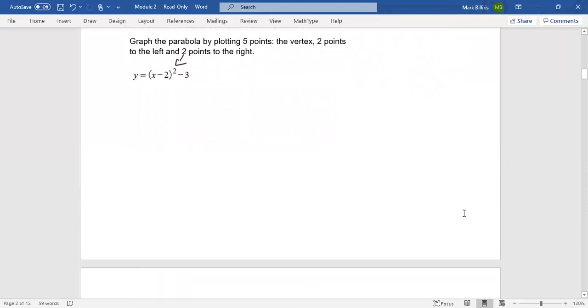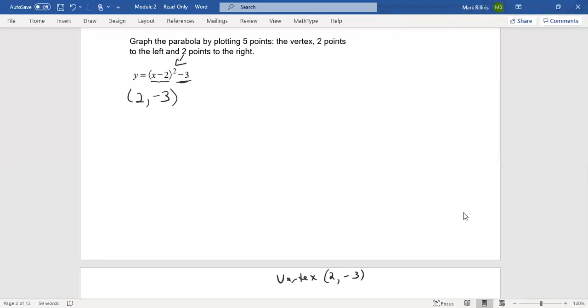So let's go ahead and find the vertex. So the vertex, since it's in what we call the standard form, is pretty much whatever makes this 0, which is positive 2, and then this value at the end being added or subtracted, in this case, negative 3. So we have a vertex at 2, negative 3.